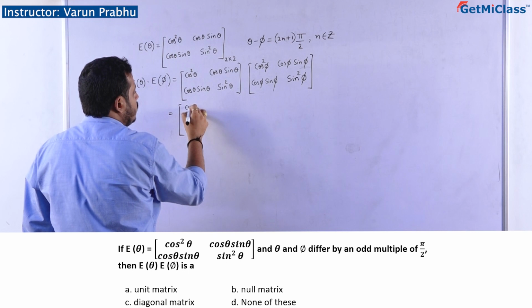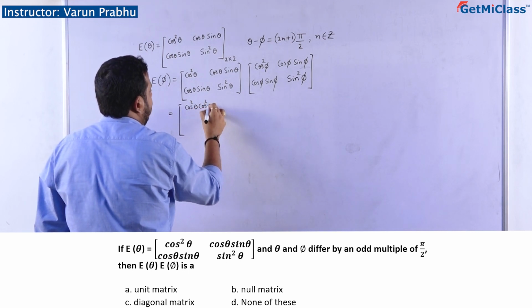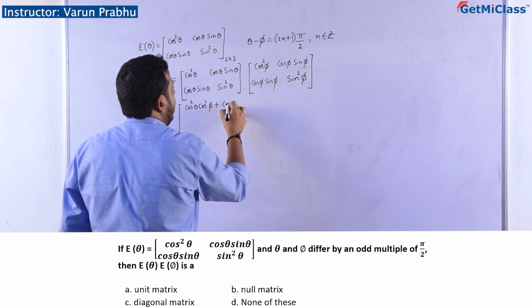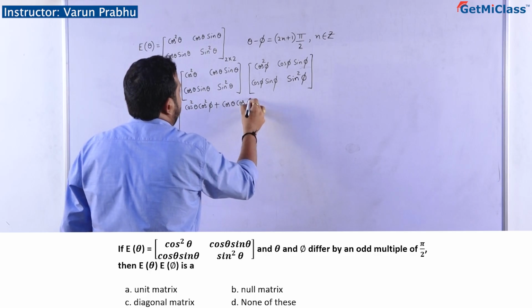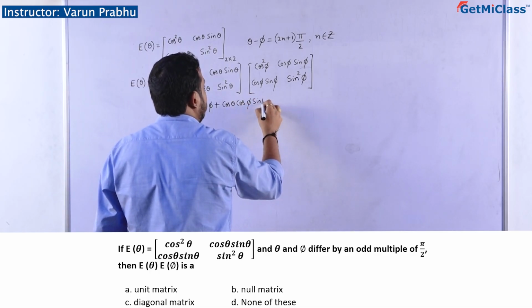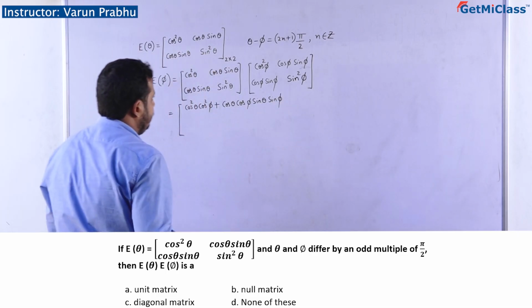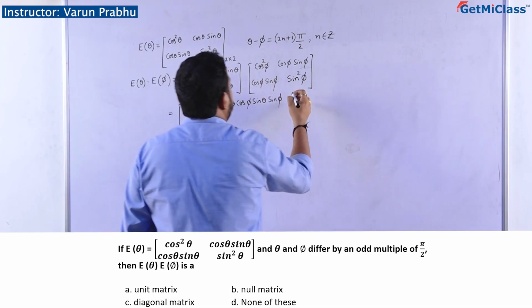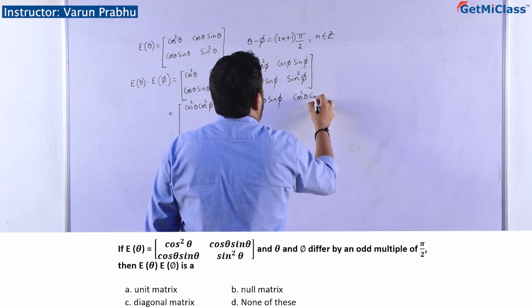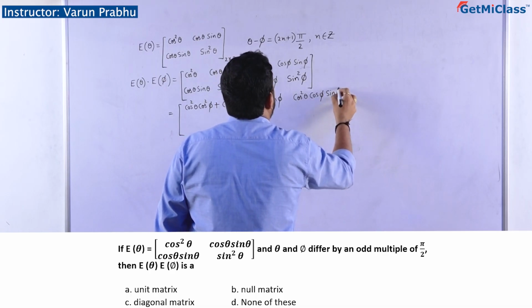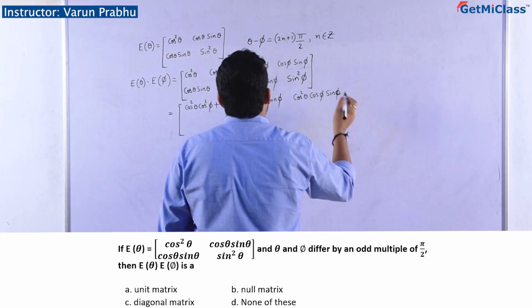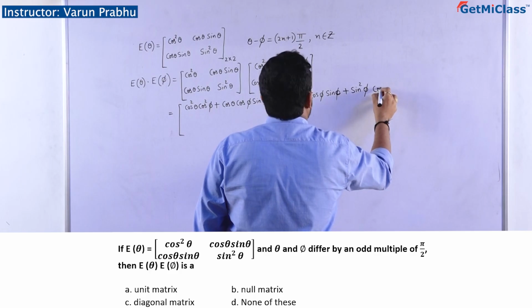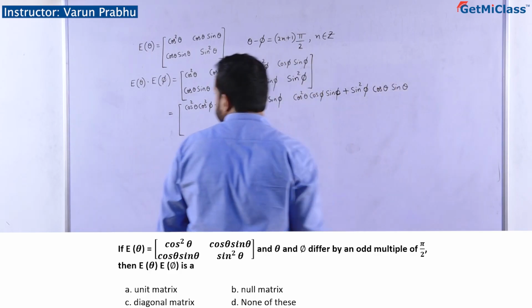The first element is cos squared theta cos squared phi plus cos theta cos phi sin theta sin phi. Similarly, the next is cos squared theta cos phi sin phi plus sin squared phi cos theta sin theta.